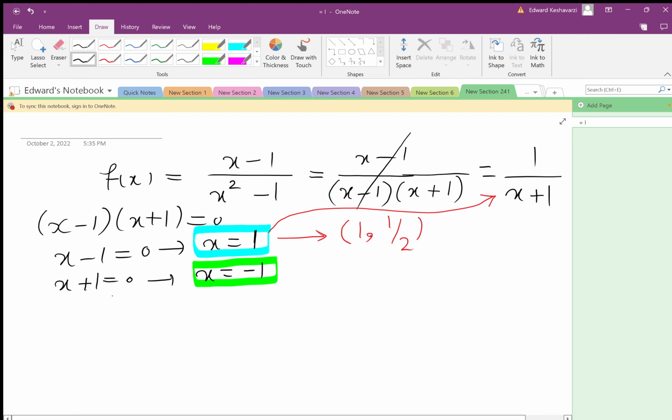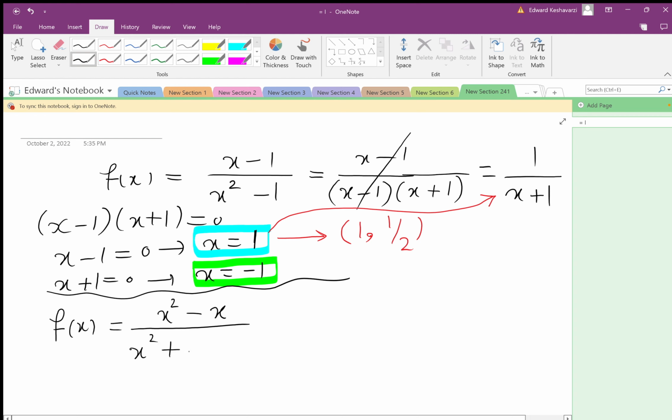So let's have another example. f of x equals x squared minus x over x squared plus x minus 2. So let's factor everything as much as we could.